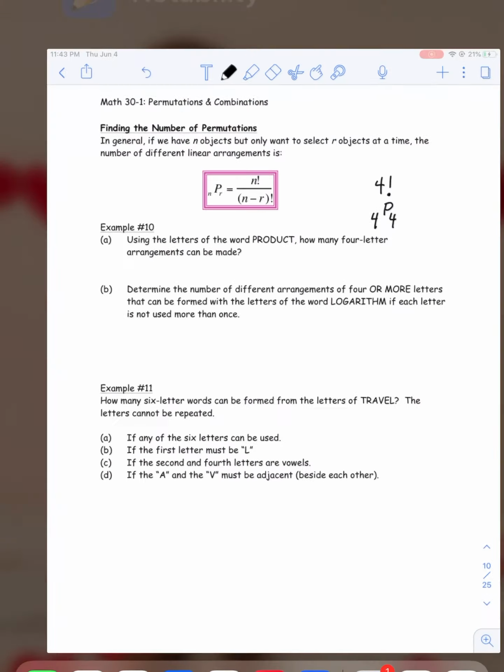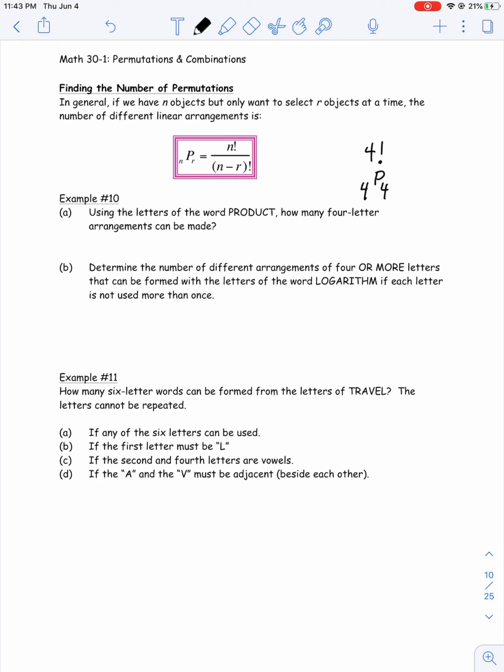So this is just another way of calculating how many ways we have to put something into a certain number of spots. So example number 10, we have the letters of the word product. How many 4-letter arrangements can be made? So this is where I can write it as 7P4. The reason being is there's 7 letters in the word product, and I have to make a 4-letter arrangement.